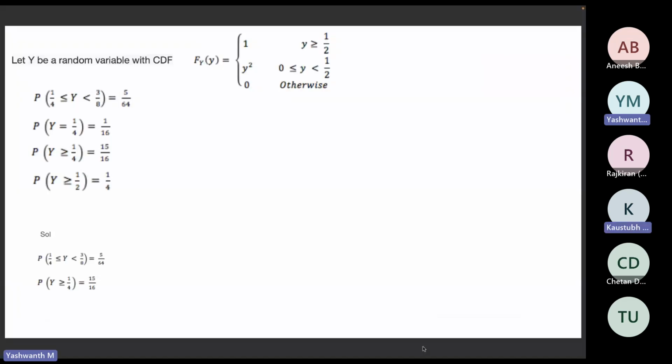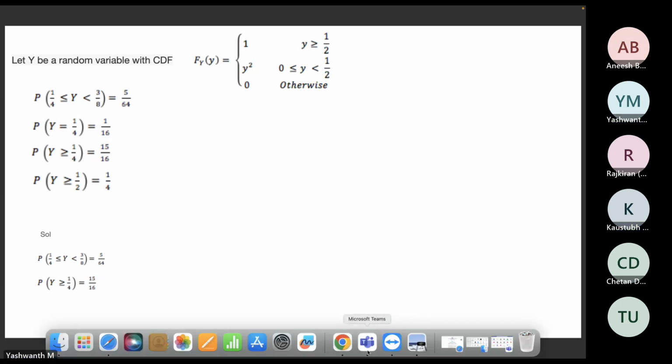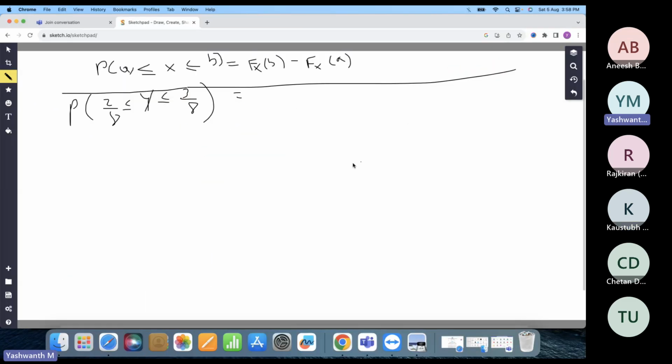Okay, so this is y squared, and 1. Your distribution function is something else: y squared and then 1.